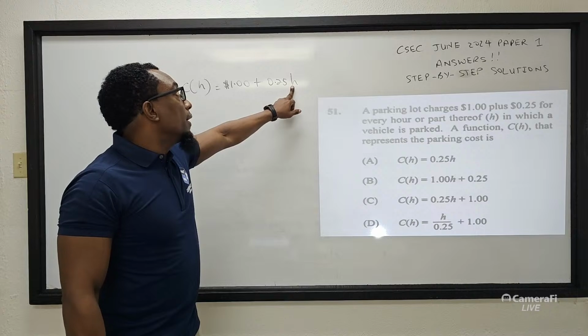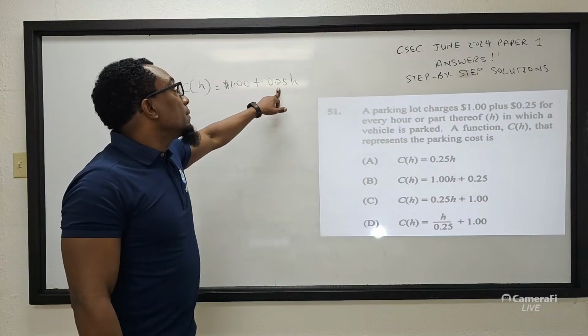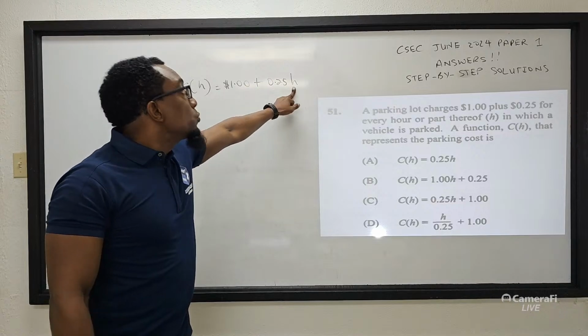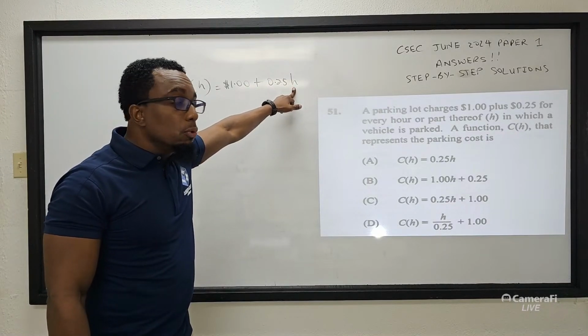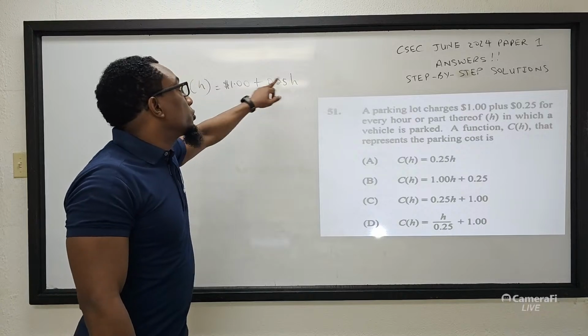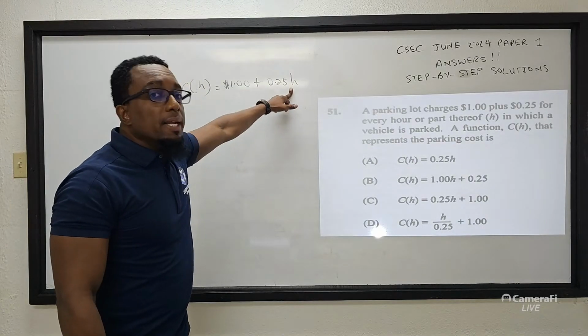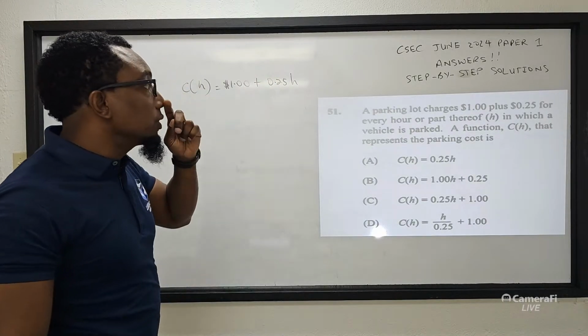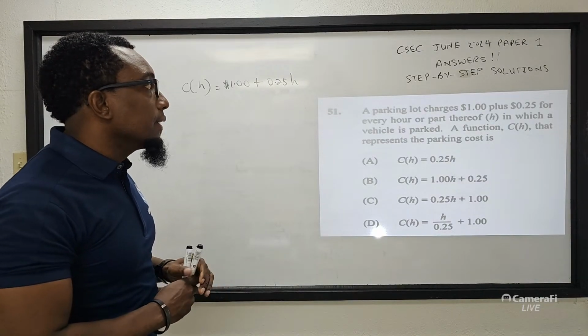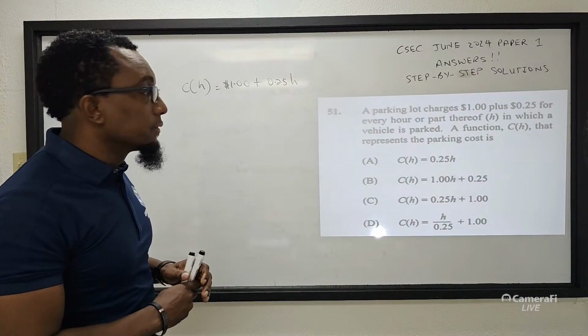So if it's 1 hour, then you know it's 1 times 25 cents plus your base fee of $1. If it's 2 hours, you replace it with 2 times 25 cents plus your base of $1. If it's 3 hours, you replace it with 3 and so on. So this here is your function that represents the parking cost on this lot.